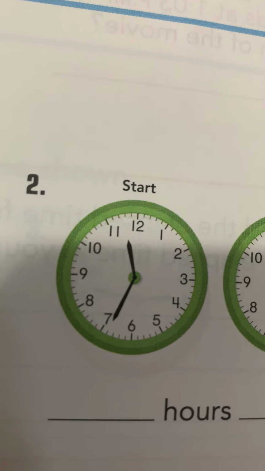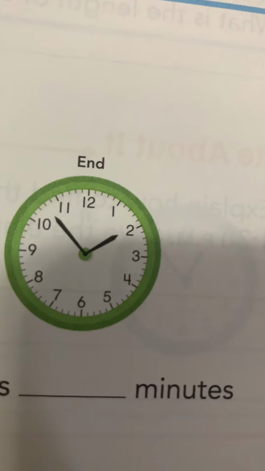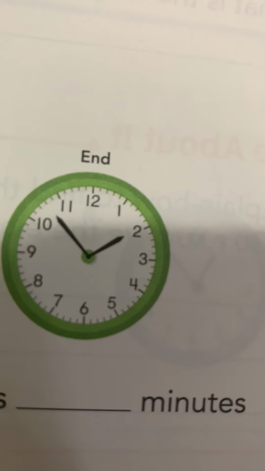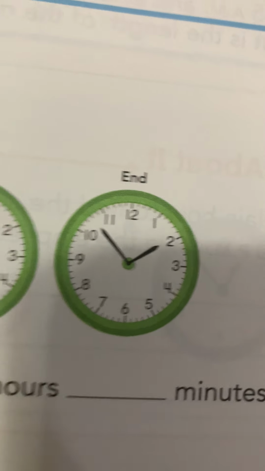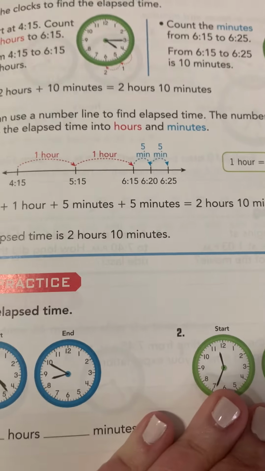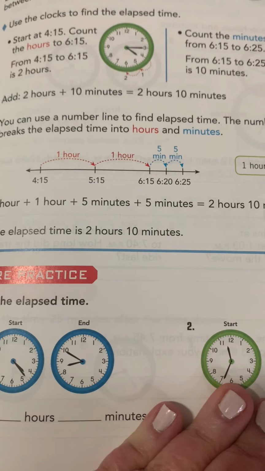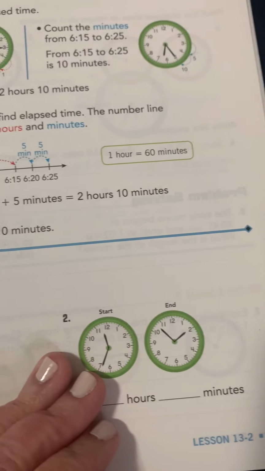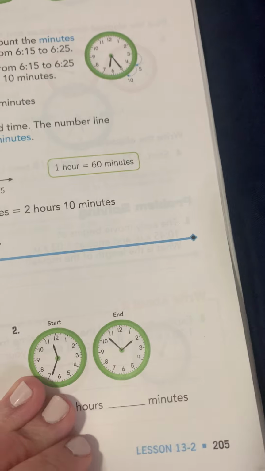Look closely at the start time and look closely at the end time. And that is for page 205. If anyone needs little clocks, I have little clocks that I bought. I'd be more than happy to lend them to you for this chapter. Just have your parents reach out to me and I will somehow get them to you. I don't have a problem with that at all.